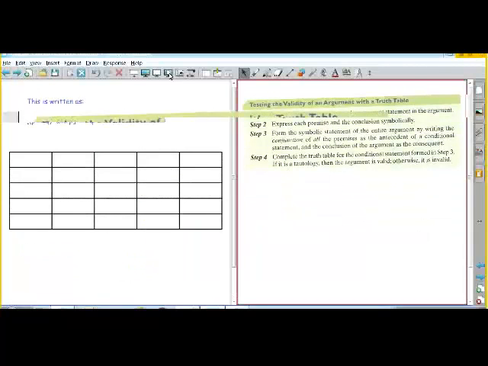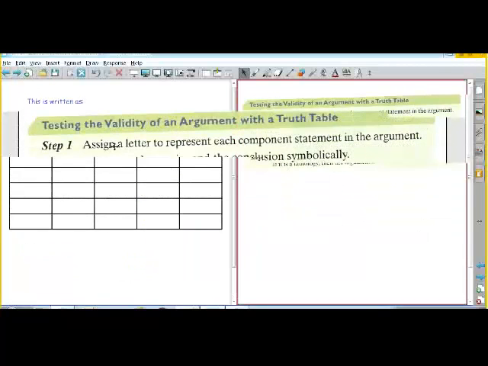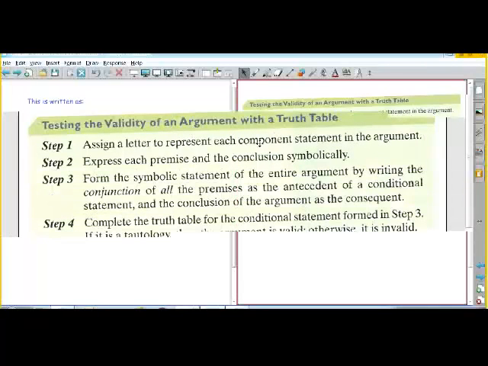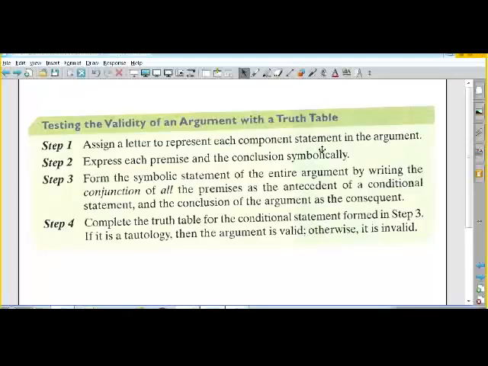Okay, so we just did the procedure. It's in your book if you forget. Assign a letter to represent each component statement of the argument. Express each premise and the conclusion symbolically. Form the symbolic statement of the entire argument by writing the conjunction, which is the and, of all the premises. So you connect all the premises by ands as the antecedent, the if part of the conditional statement, and the conclusion of the argument as the consequent.